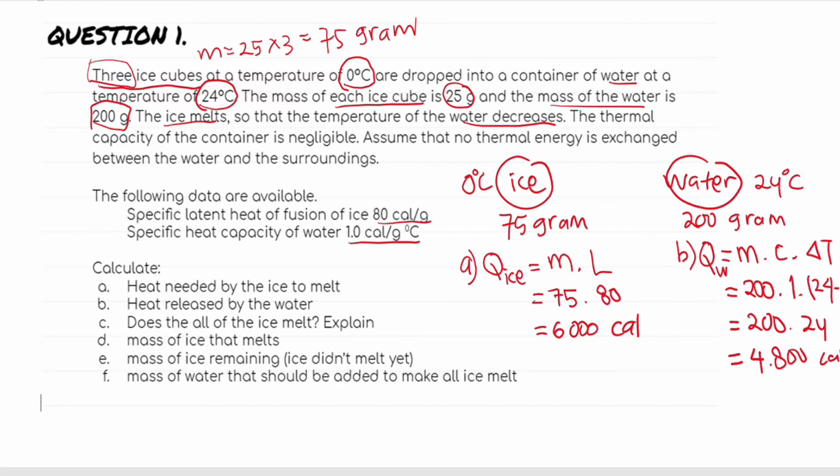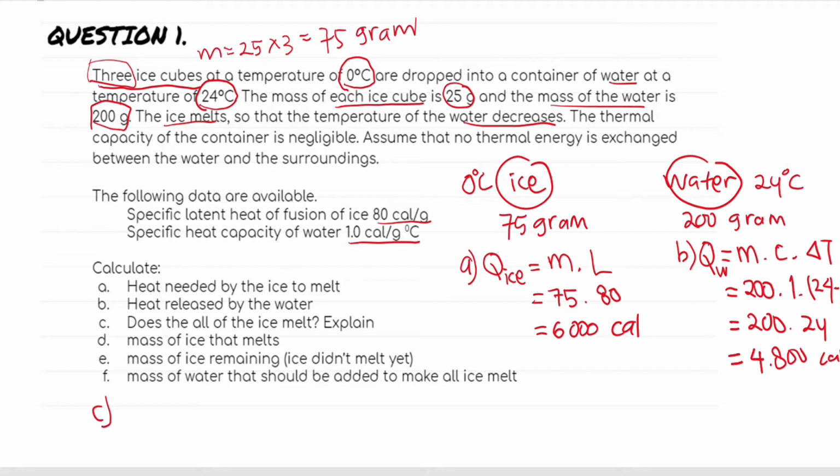Okay, we already know the heat needed to melt the ice and the heat released by the water. And then to answer number C, does all the ice melt? We also need to explain it. So we look at the heat needed by the ice and the heat released by the water, and compare them. To melt all the ice, we need 6,000 calories, and the heat released by the water is only 4,800 calories.